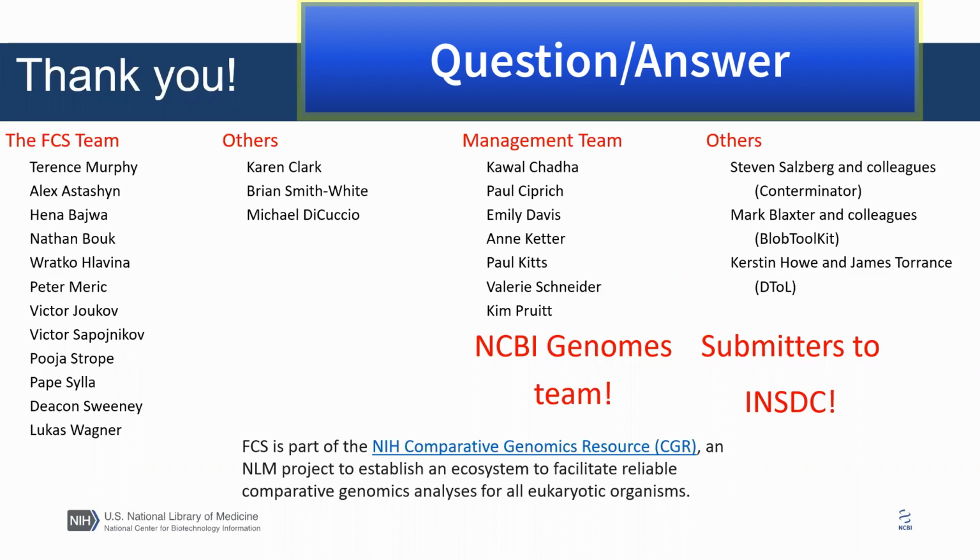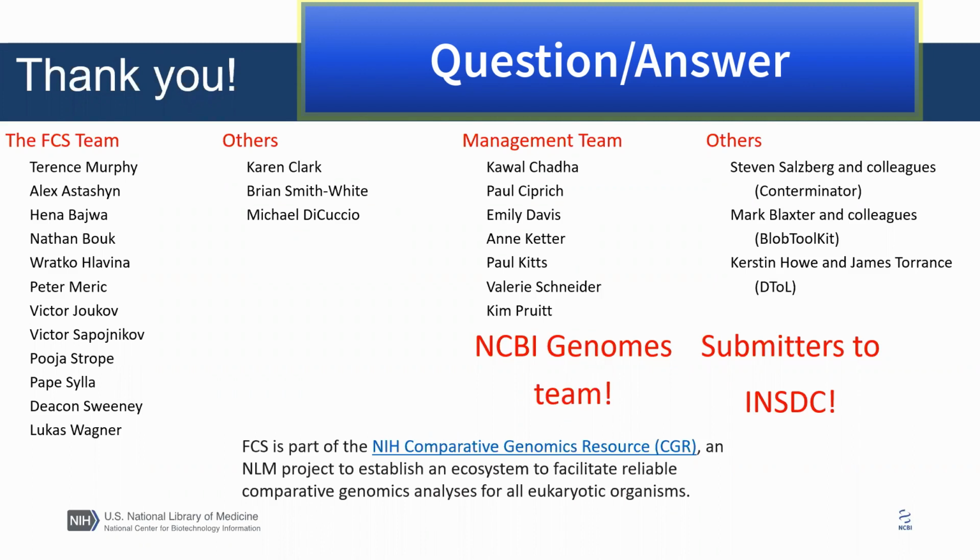Okay, here's another one. You mentioned two different containers, Docker and Singularity. What are the differences or advantages of using one versus the other? Right, so I think Deacon would probably be the best person to answer this question and provide additional details. But what I can say for starters is that Docker usually requires elevated privileges on your compute system.